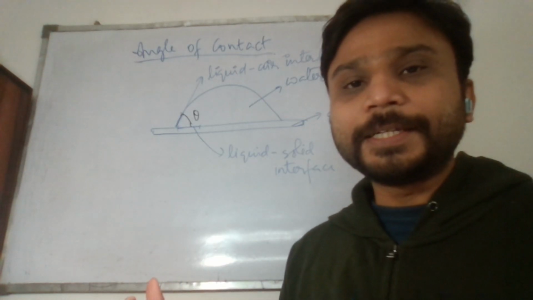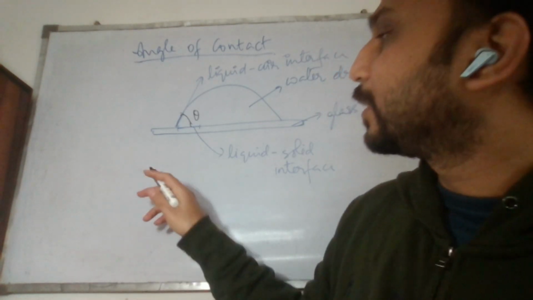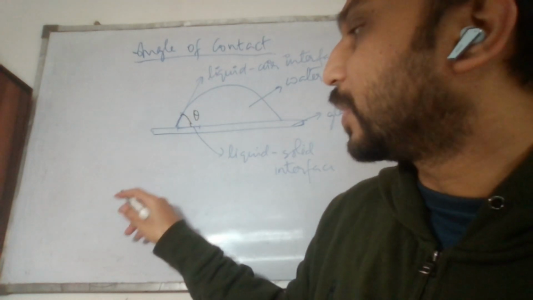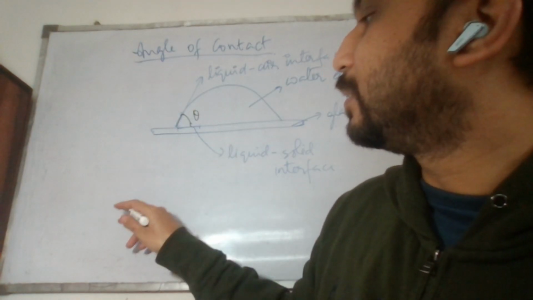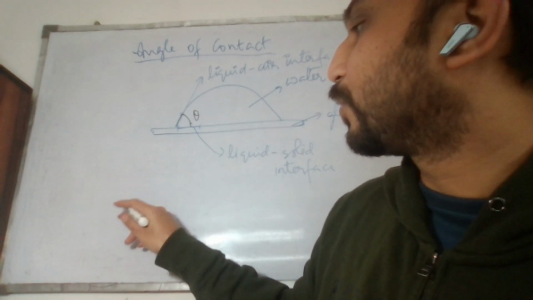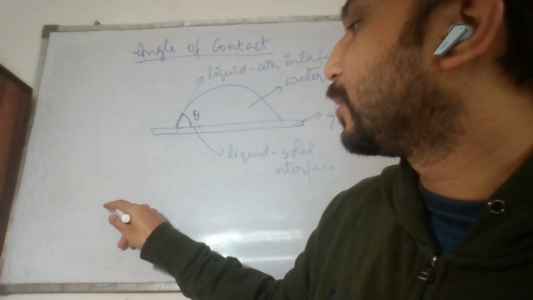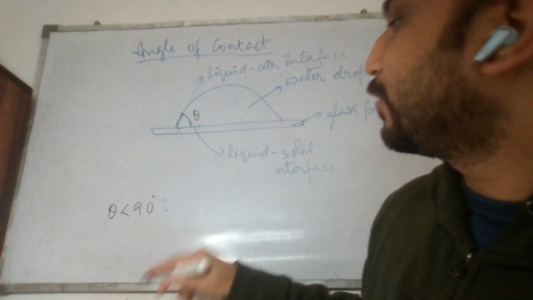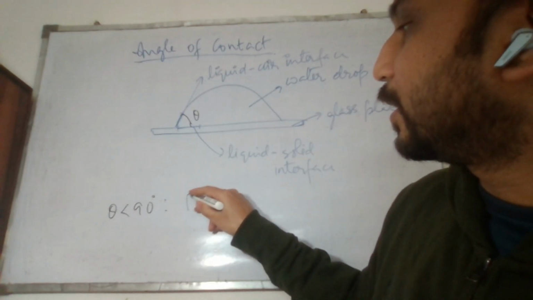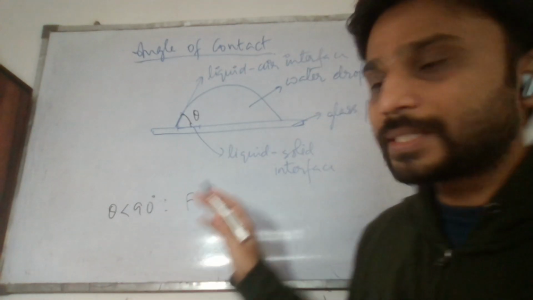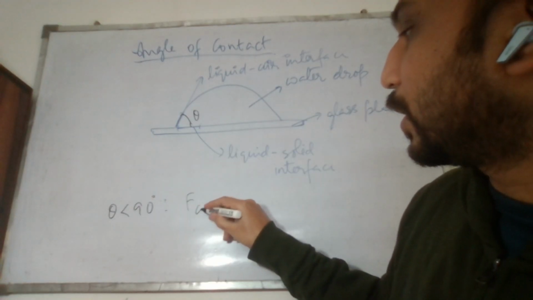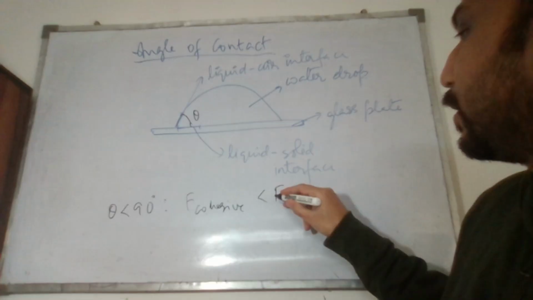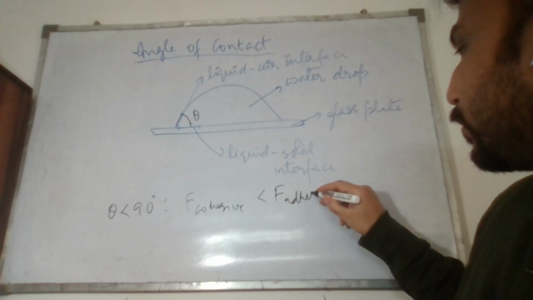So basically reiterating my point, if the angle of contact theta is less than 90 degrees, then we can say that the cohesive forces of the fluid are less than the adhesive forces.